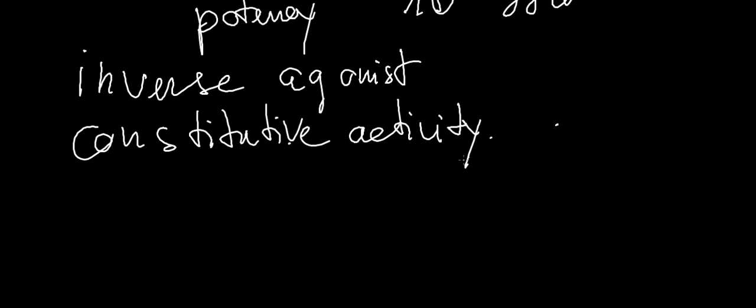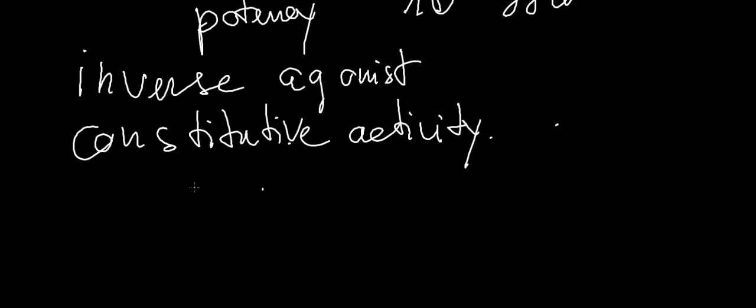So for example, normally your muscle cell is relaxed. They are at a relaxing state. But when an agonist binds to the receptor, a chain reaction takes place, and then the muscle will contract. So these two activities are opposite.